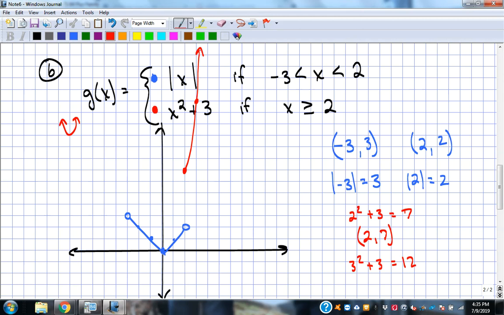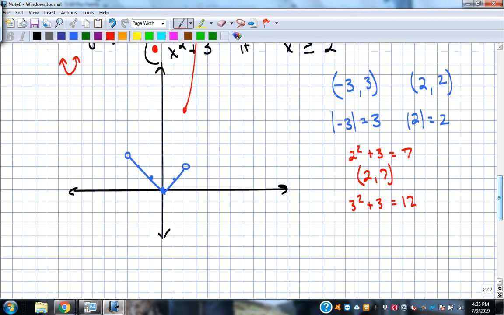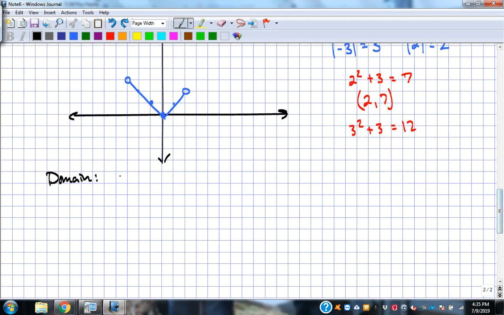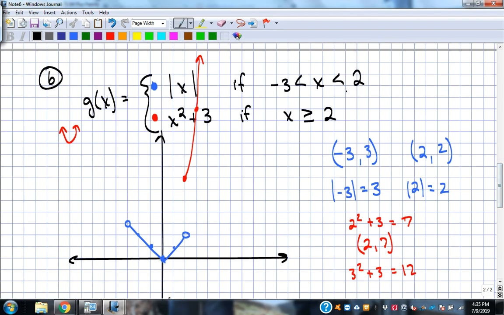All right. Now, domain and range of this one. Okay, so domain. They tell me right here what's going on with the domain. They say it starts at -3, but it doesn't include -3. So that's going to be -3 with a parenthesis beside it. And then that first piece goes up to 2, but it doesn't include the 2.